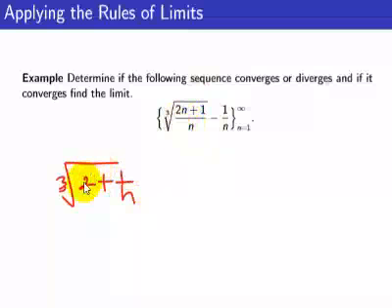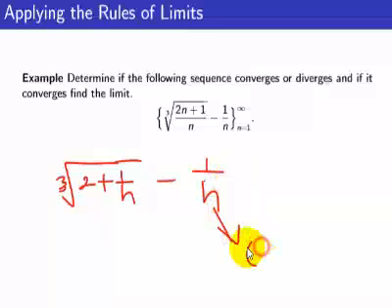Then you are left with 2 plus 1 over n, and that one is that term, and minus 1 over n. As n tends to infinity, this term approaches 0.